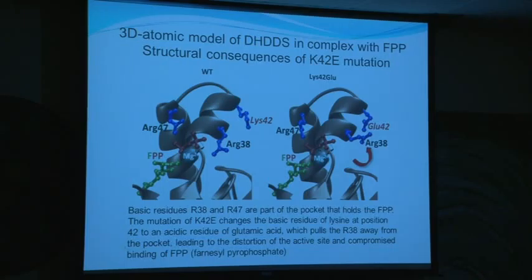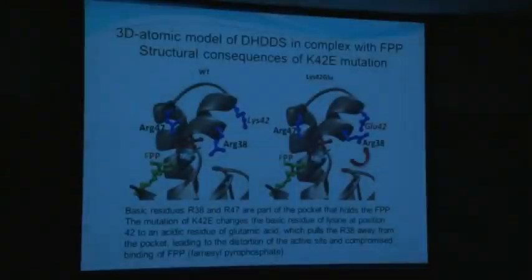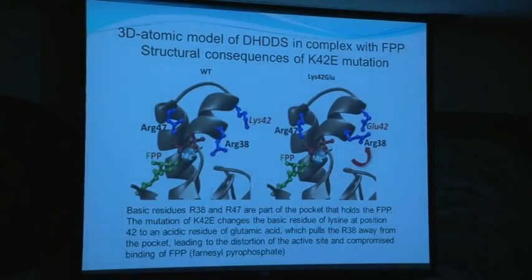So the basic residues R38 and R47 here are part of the pocket that holds the FPP. And what happens when you have a change in K24E is that the basic residue of lysine at this position is changed to an acidic residue, glutamic acid, which then pulls this R38 position away. You have a looser pocket, and this compromises the binding of the FPP.